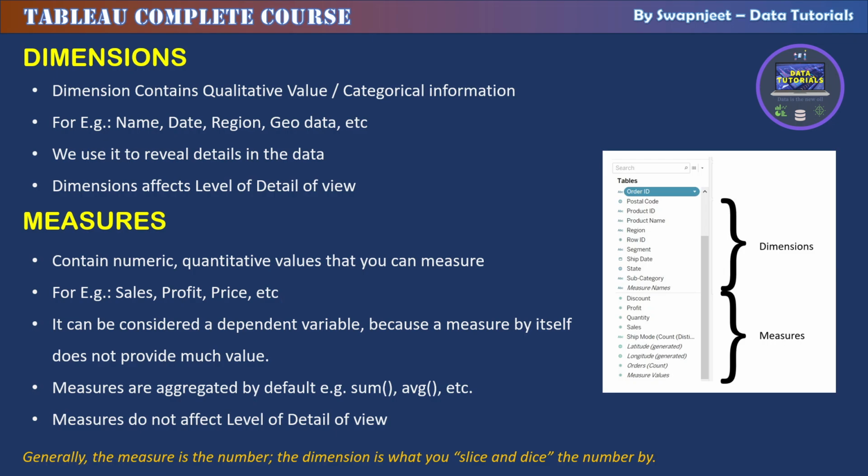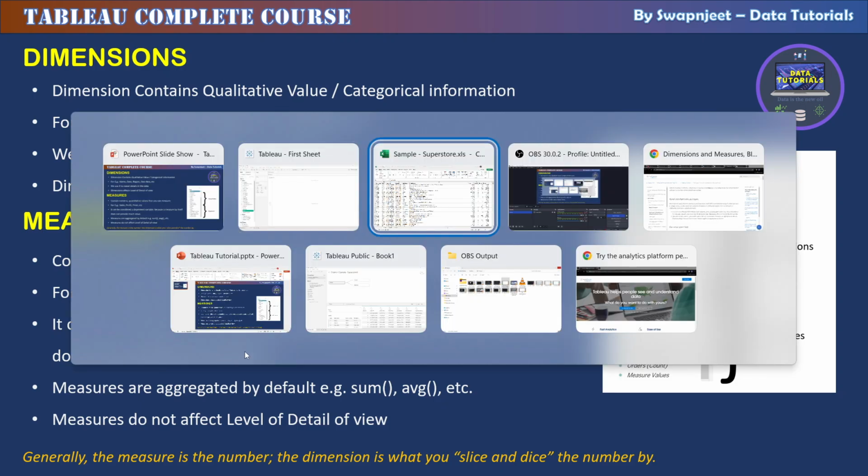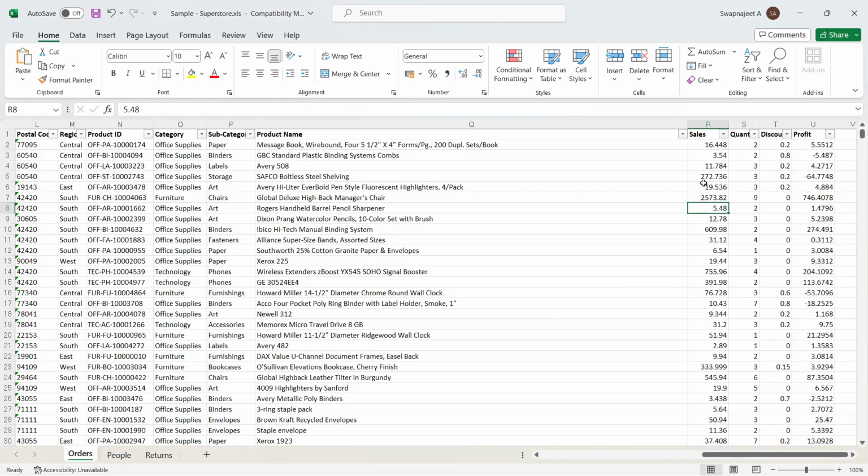Okay, and it can be considered our dependent variable, because a measure by itself does not provide much value, right? So always remember, whatever measures we are showing here, it is totally dependent on dimensions. If we don't have any dimensions, then these measurable values are useless. Here you can see $609 is some value, but for which product?